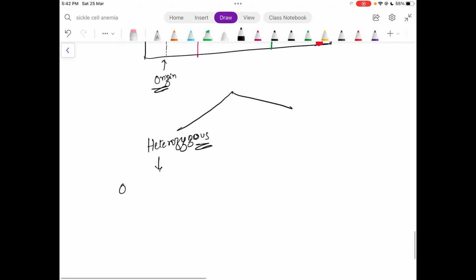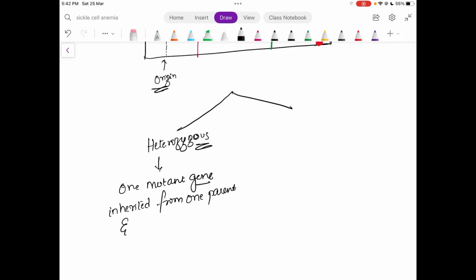That means one mutant gene is inherited from one parent and the other normal gene is inherited from the other parent.